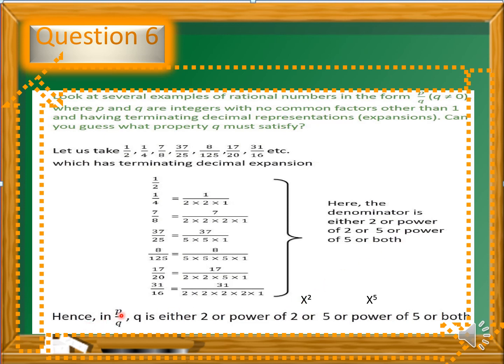So hence p by q has denominator either just 2, or a power of 2, or just 5, or a power of 5, or both it can be. So the denominator q can satisfy these conditions. So hope you understood, I think.